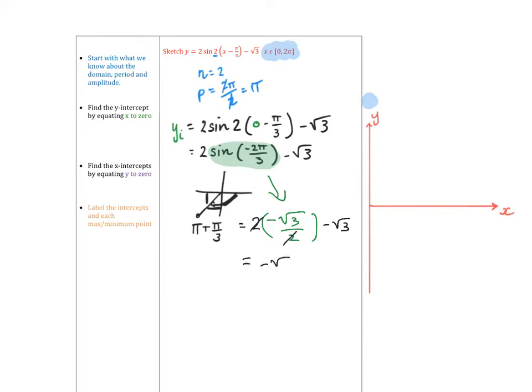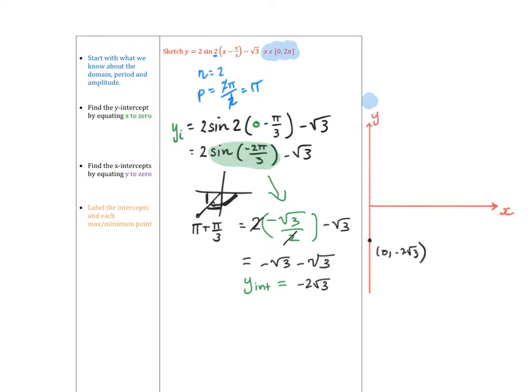We have negative root 3 minus root 3. So our y-intercept here is equal to negative 2 root 3. We can label that on our graph down here. We know that that's 0, negative 2 root 3.